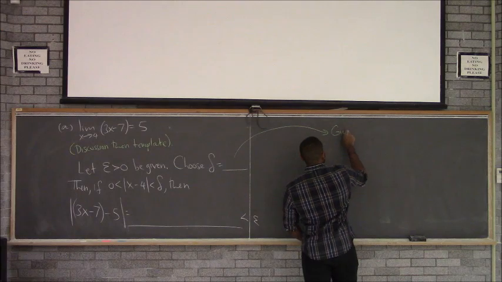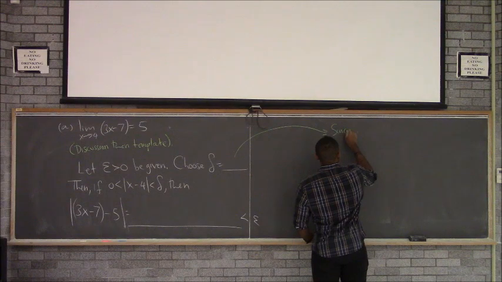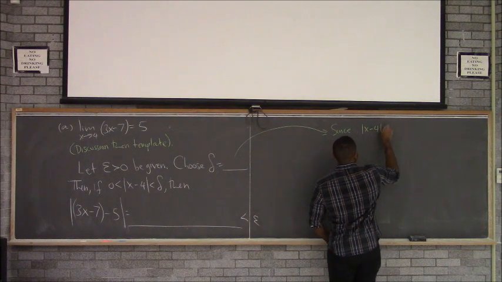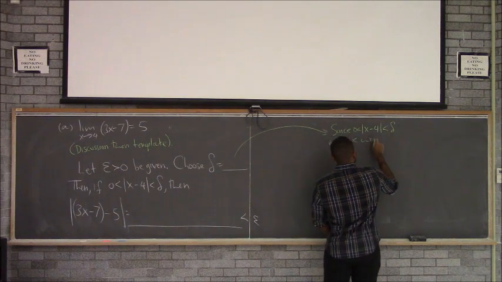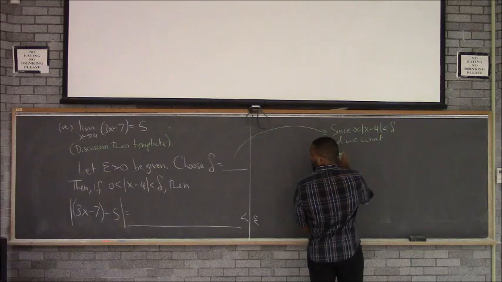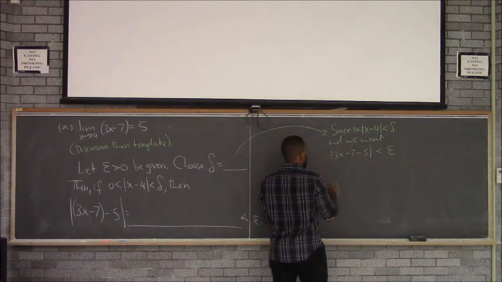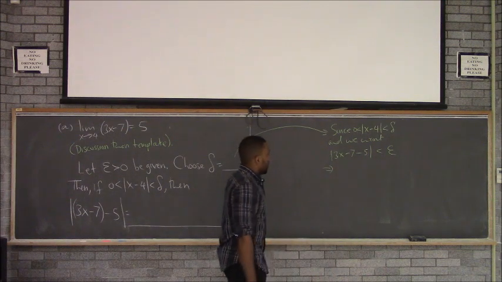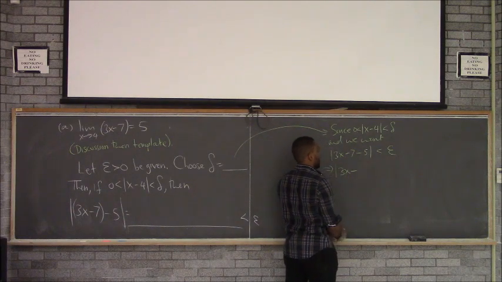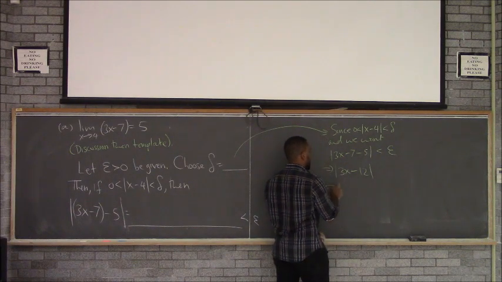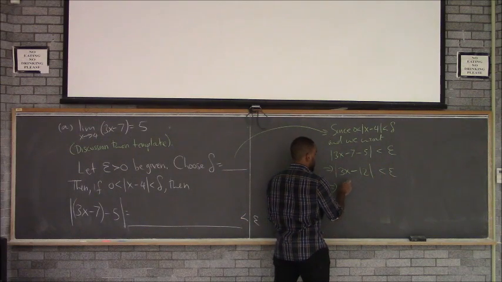Well, given that the distance between x and 4 is less than delta, and we want the absolute value of 3x minus 7 minus 5 to be less than epsilon, what does that actually mean here? Well, 3x minus 7 minus 5, simplify that. What do we get? 3x minus 12. What can I do with that? Well, I can factor out 3, right?